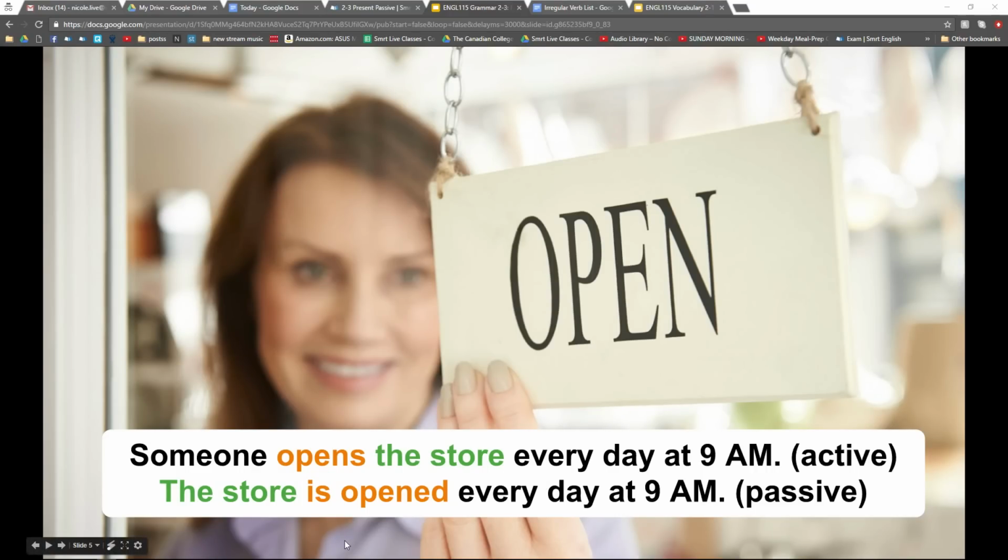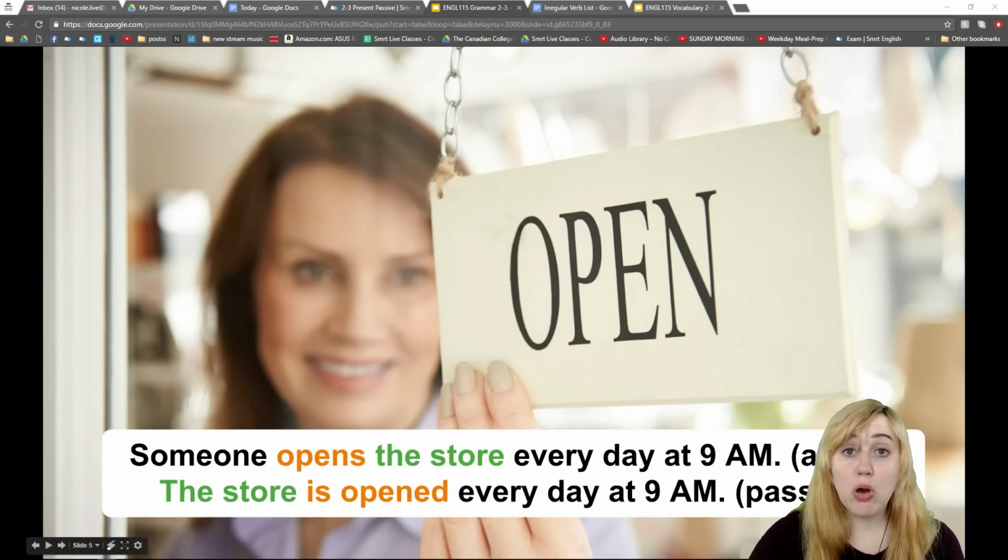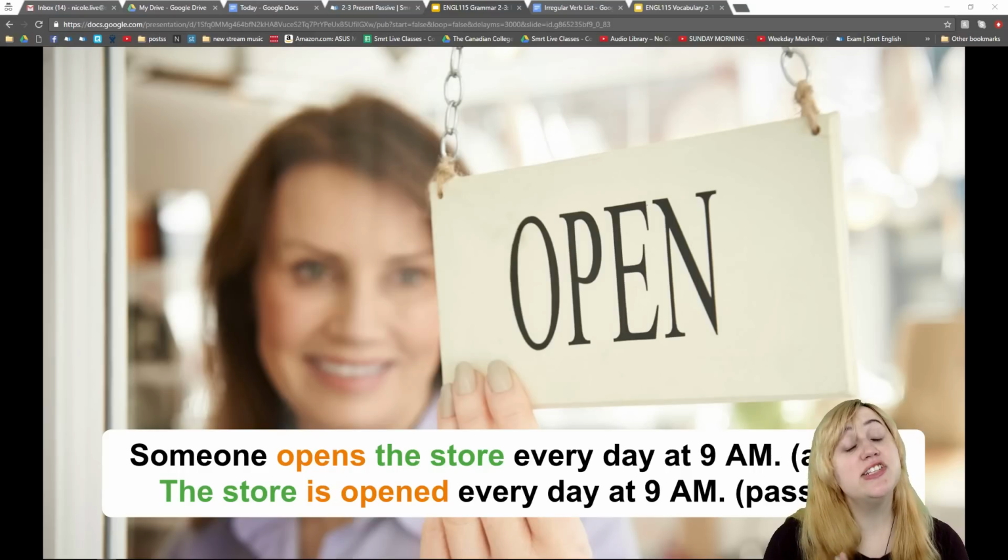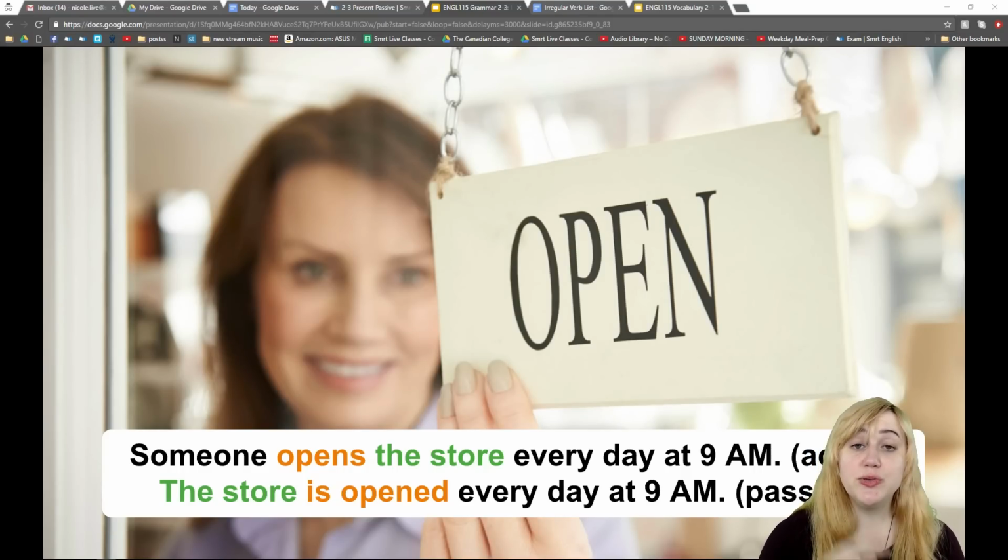The second sentence says, "The store is opened every day at 9 a.m." This sentence is passive. Both sentences have the same meaning. They're just different styles. There's two different ways we can say the same information.